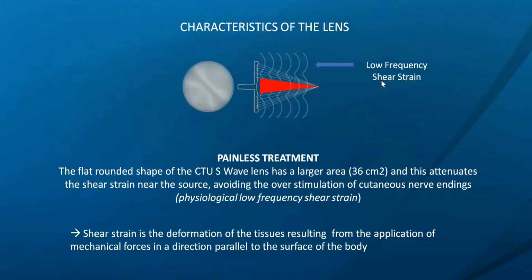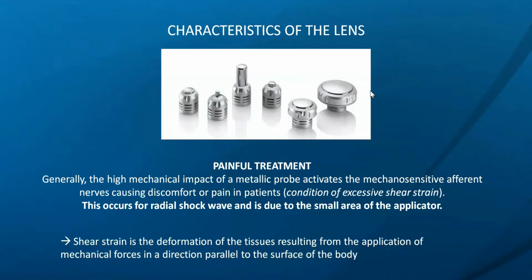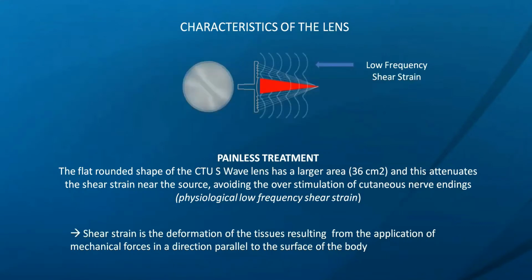This produces a low frequency shear strain, differently from the radial shock waves, where we have a harder shear strain in the tissue. This depends on the laws of physics, because the shear strain gives lesser discomfort when the surface is large.